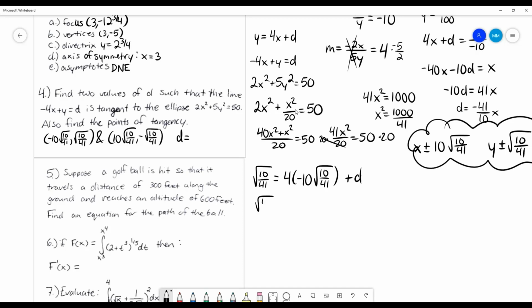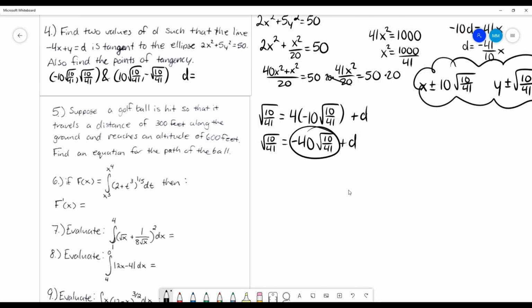So it's going to be square root of 10 over 41 equals negative 40 times square root of 10 over 41 plus d. Then if I add this to both sides, this is going to be 41 square root of 10 over 41 equals d. So our first d value is that.